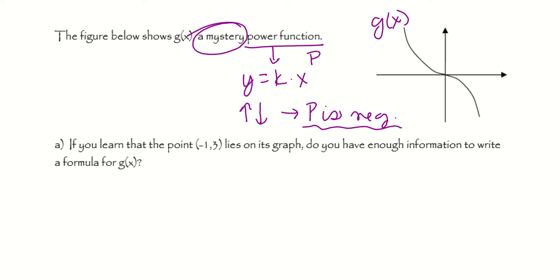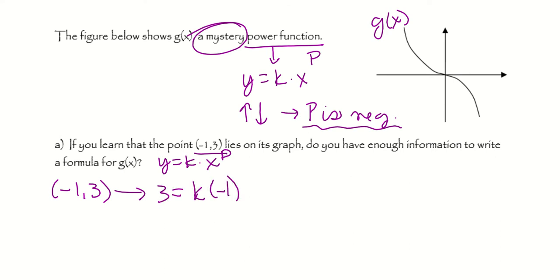So if we learn that the point negative 1, 3 lies on the graph, does that give us enough information? Well, if I have the point negative 1, 3, and I know that I have a power function, so that's y equals k times x to the p, then I know that 3 equals k times negative 1 to the p. What I know about negative 1 to the p is that if p is even, negative 1 to an even power will equal 1.